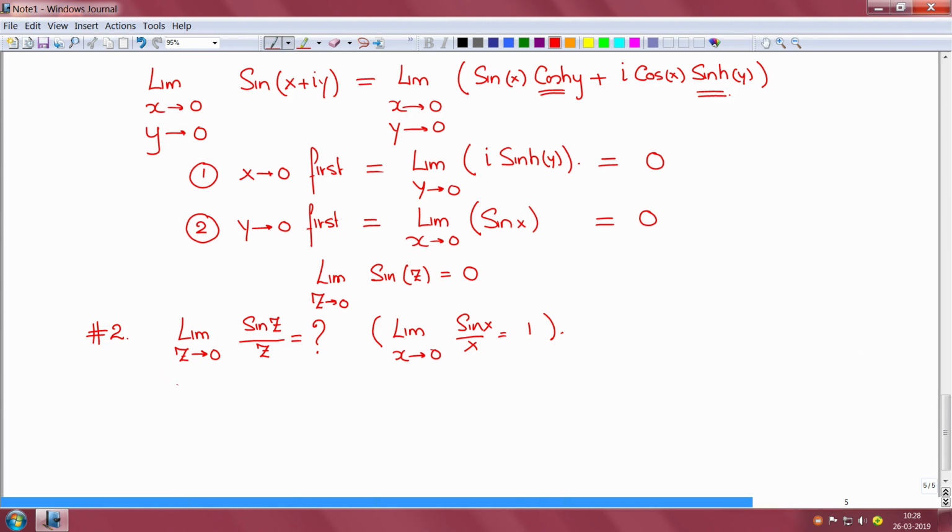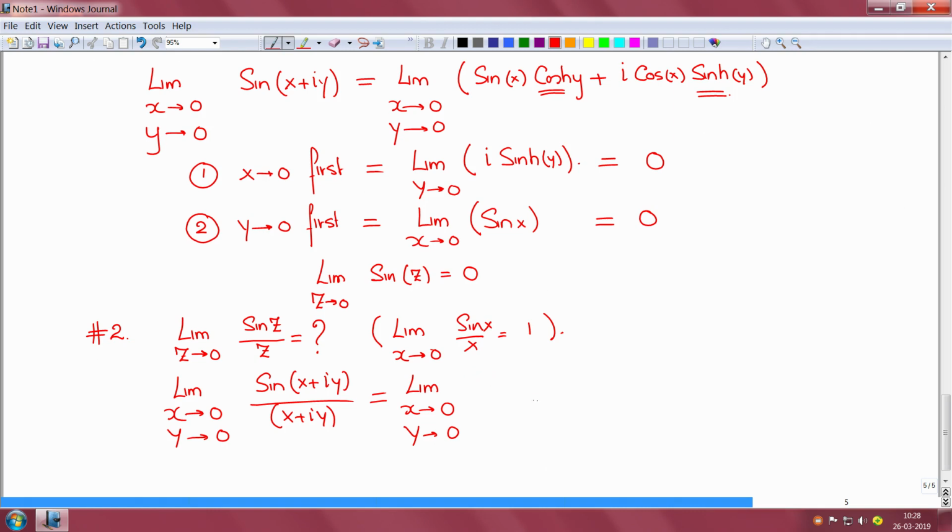So we have limit x tending to 0, y tending to 0. I am opening this out, sin(x + iy) by (x + iy), is equal to, we further open this out, limit x going to 0, y going to 0.